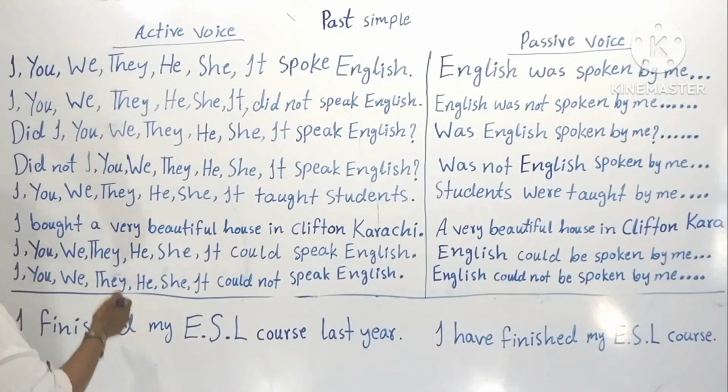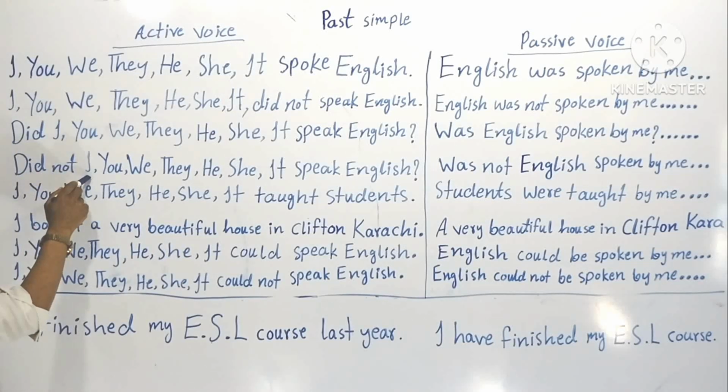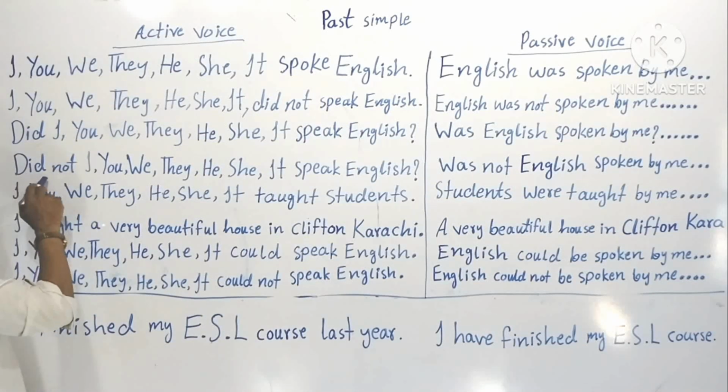Now let's go to the interrogative negative. Before, in the interrogative sentence, only did was used, but here it is did not, then the subject. Understood? I mean, in an interrogative negative sentence, the helping verb, then not, then the subject. So now let's read it. Did not.